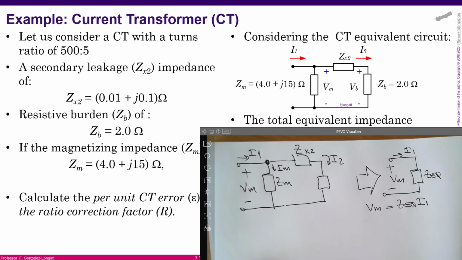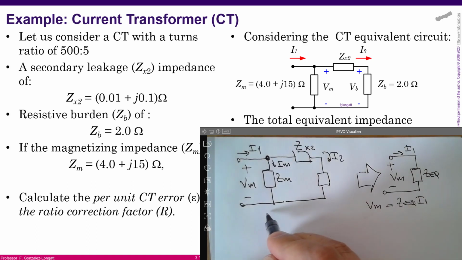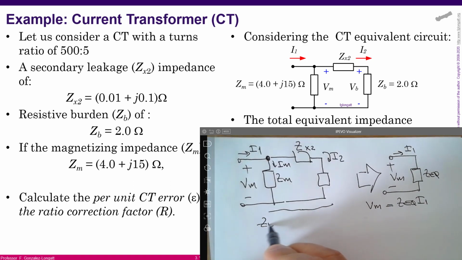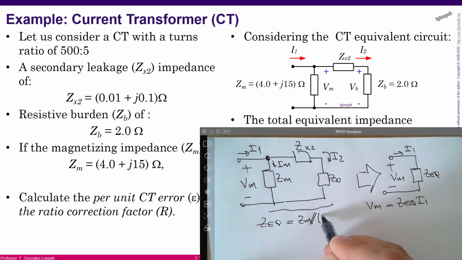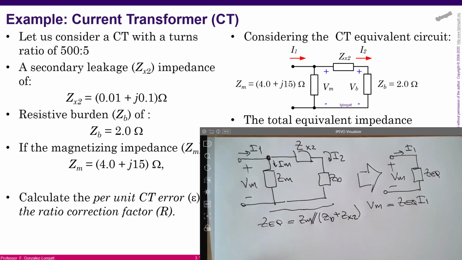However, what is interesting here is that from this circuit we can say that the equivalent impedance is the parallel between the series of the burden and the secondary leakage, and the magnetizing branch.